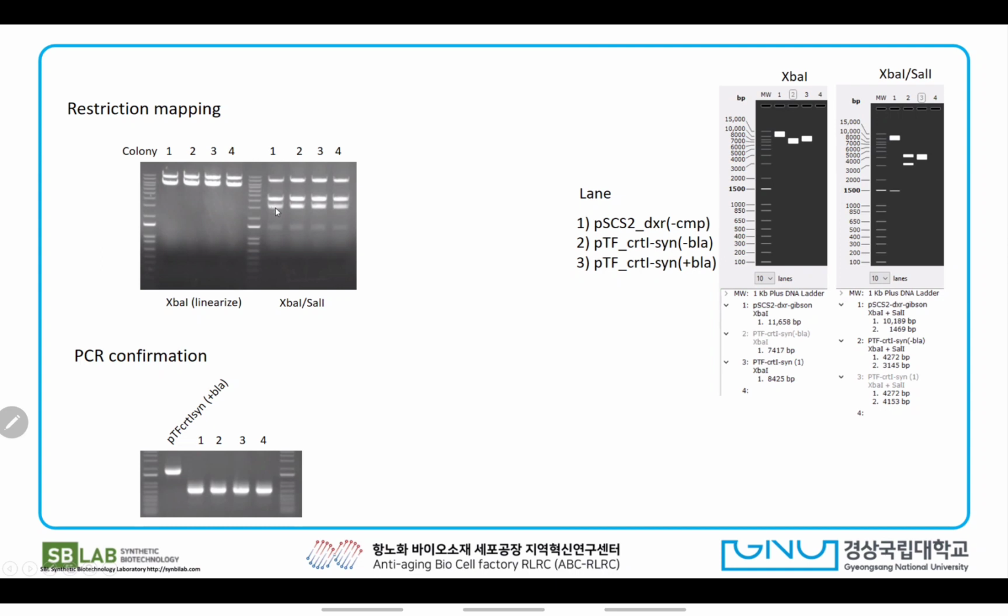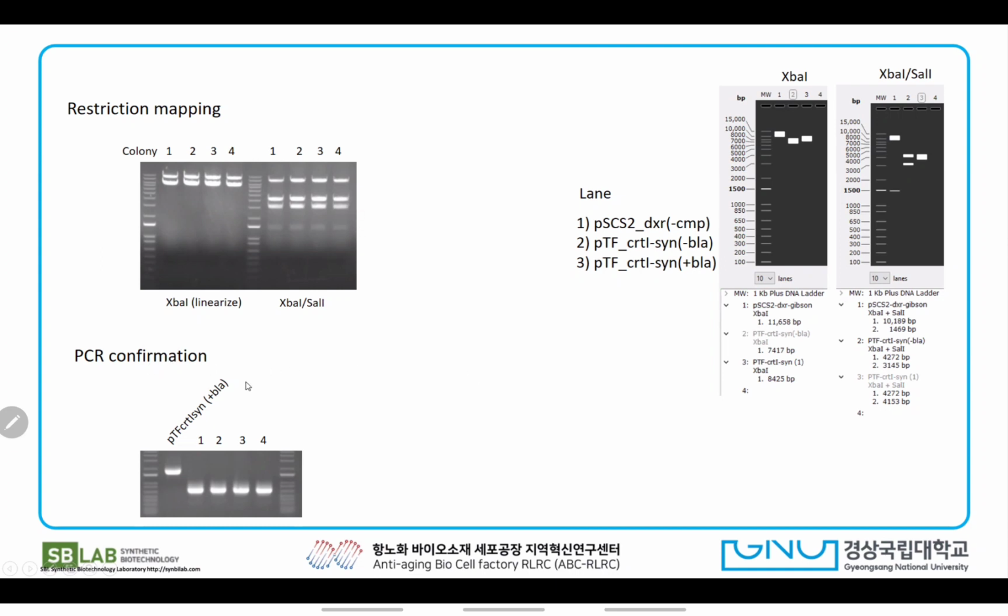These 2 bands also confirm that the BLA, our ampicillin marker, has been removed, because if the ampicillin marker was present, the 3rd band would be very close to the 2nd band and could not be separated on a gel, like here. This is the original PT phytofluin, where, when digested with XbaI and SalI, we cannot separate the 2 bands. But if we have removed the ampicillin marker, these 2 bands can be separated and seen clearly, like in our gel.